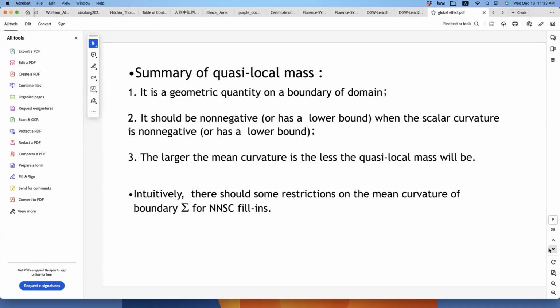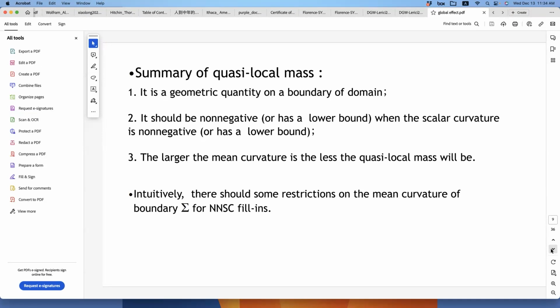So according to the second and the third, we know that, at least intuitively, there should be some restriction on the mean curvature of the boundary sigma for all non-negative scalar curvature fillings. At least such a mean curvature cannot be too large. Otherwise, we would have negative quasi-local mass while the energy density is non-negative. So this is a contradiction to the laws of physics.